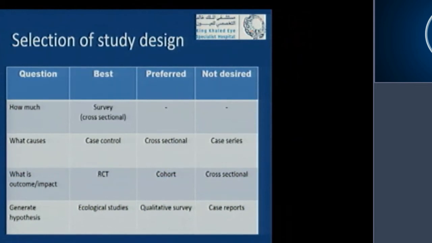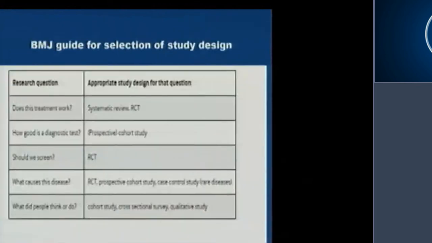But when you are studying the outcome or impact of an intervention or a progression of a disease, then randomized controlled trial and cohort are the better studies, but not cross-sectional or surveys. And lastly, if you want to generate hypothesis, because I did not find any article on this subject, and I want to start as the first article, then you can select any of these cases, but definitely not case report. So this is a standard method by which you can think or take help of epidemiologist if you forget about these things.